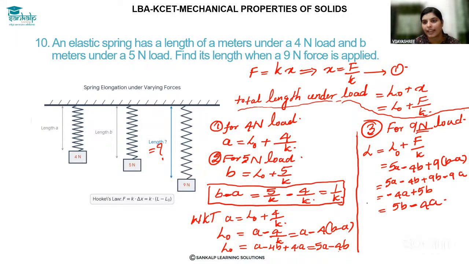So the length under 9 newton load is 5B minus 4A.